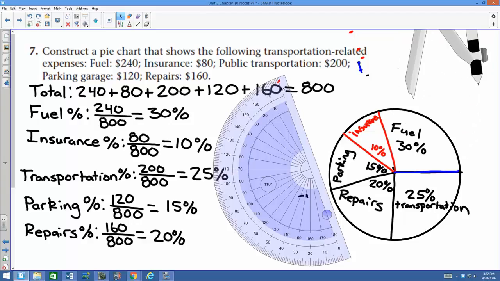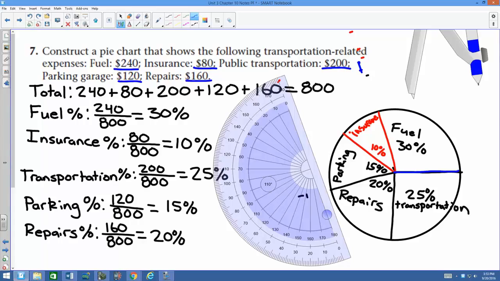The next step, you would want to figure out what the total amount of all of these costs are, so we can figure out the percentages that we need to use. So I would add up each of the amounts that we use for transportation: fuel, insurance, public transportation, parking garage, and repairs.